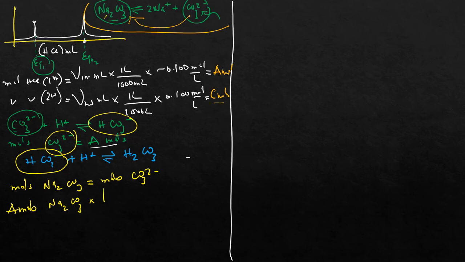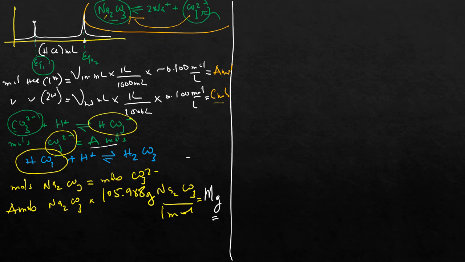So the molar mass of sodium carbonate is 105.988 grams of sodium carbonate in 1 mole. So this will give you, let's use another term, maybe m grams of sodium carbonate.